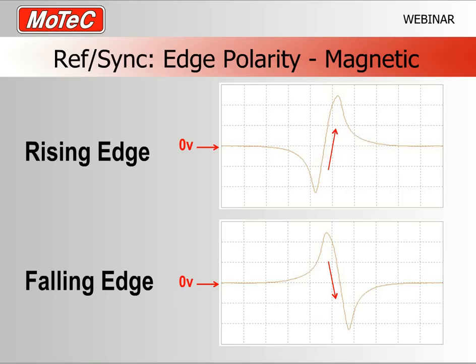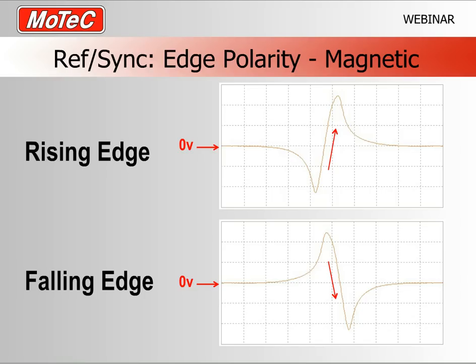So now I'm going to recap on a few things just to let you know that these things are quite important. One thing we see quite often is people getting the edge wrong. Now, with some of the more complex ref and sync modes, like for some of the cars with variable cams, etc., you will not get away with having the rising edge or the falling edge of a magnetic sensor configured incorrectly.